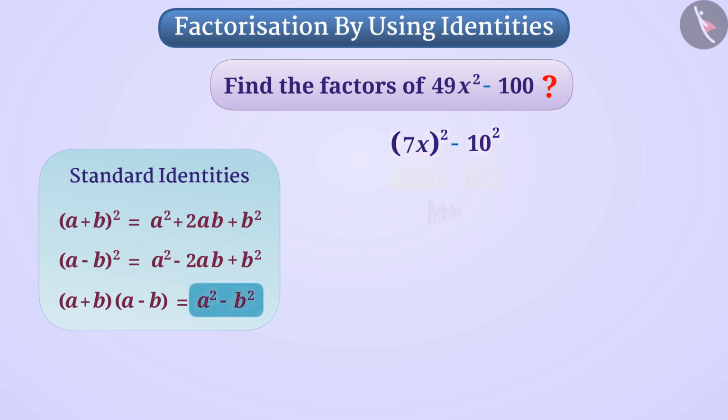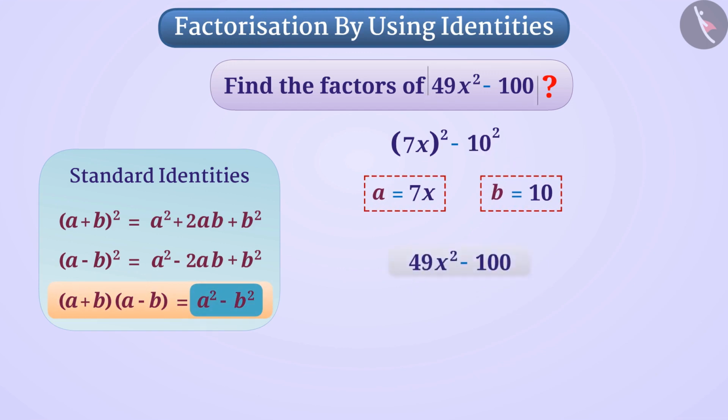It corresponds to the right side of this identity: (a plus b)(a minus b) is equal to a square minus b square, where a is equal to 7x and b is equal to 10. Therefore, using the third identity, we can factorize the given expression as (7x plus 10) into (7x minus 10).